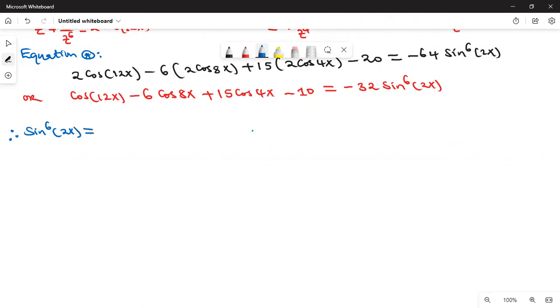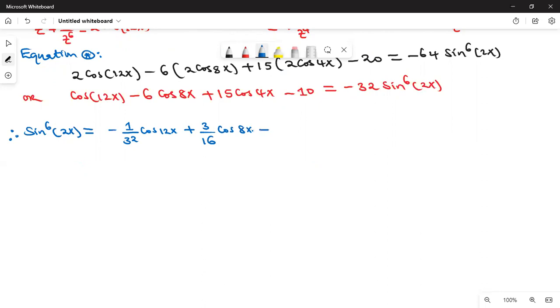So this should be equal to, dividing by negative 32, negative 1 over 32 cosine of 12x. Then here we'll have 6 over 32, which is the same as 3 over 16, cosine of 8x.